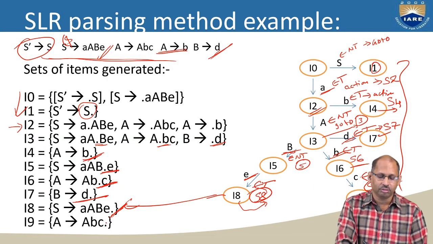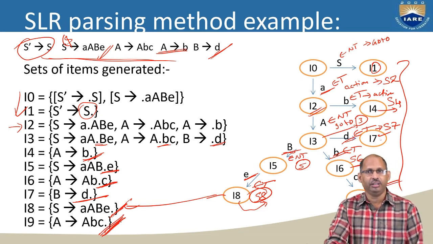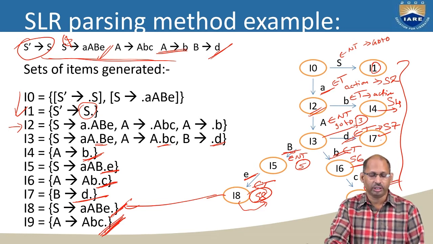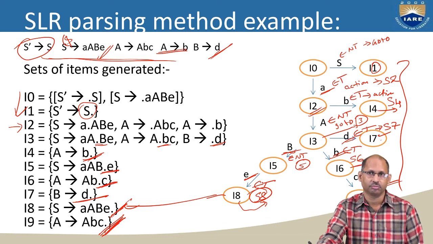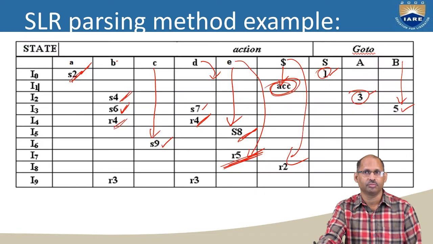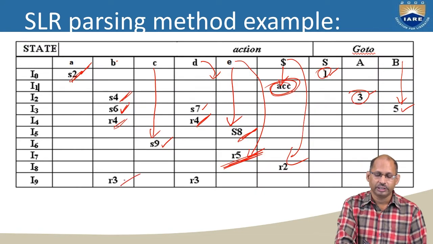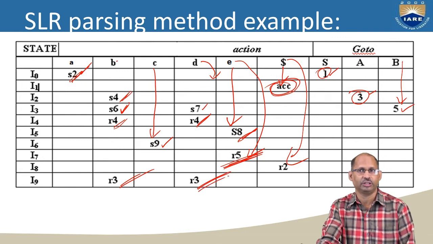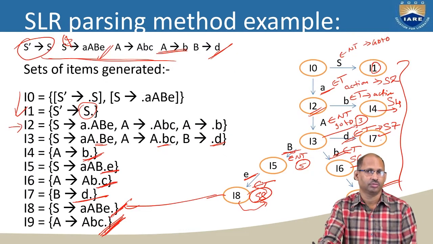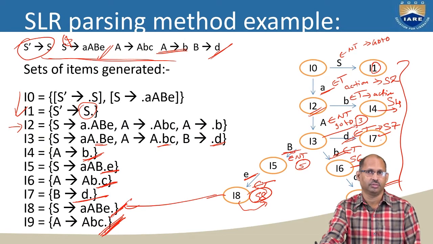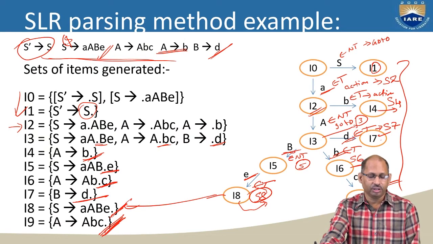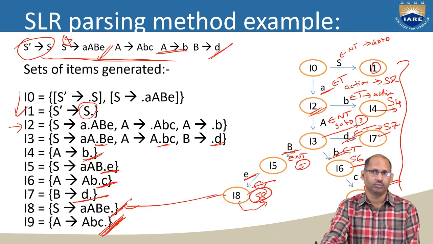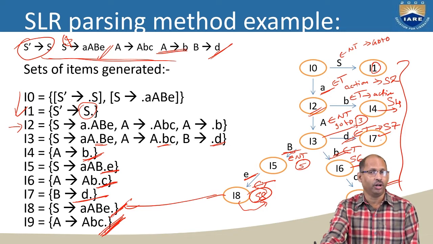Then I9 is dot at the end. So reduce by production number 3. A gives ABC dot, the production with dot at the end.